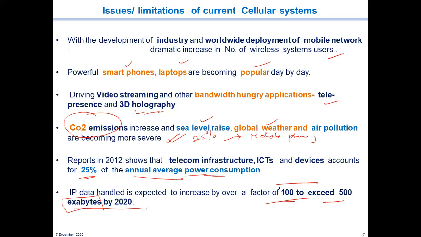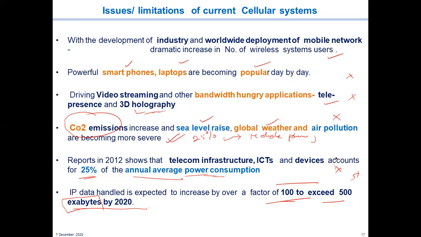At present, the present cellular communication systems are not able to meet the requirements of these things, and there are spectrum issues also. So there is a need to go for a new communication system.